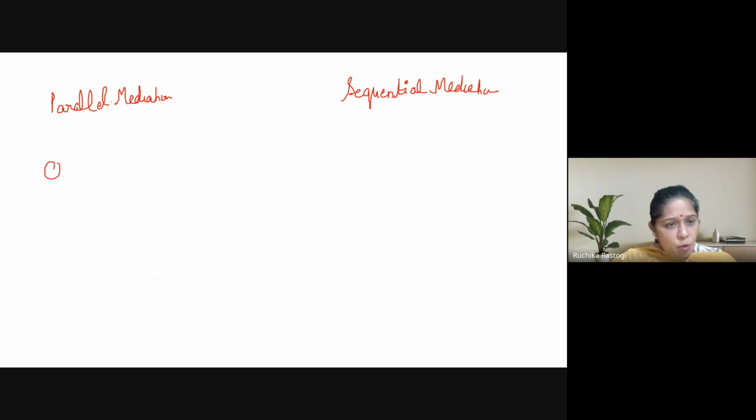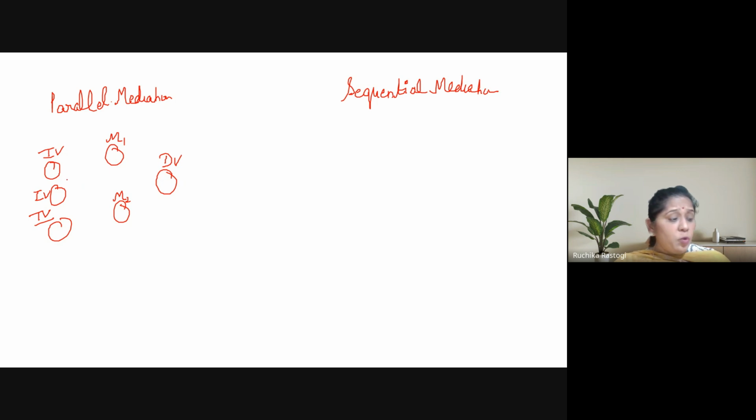For example, you are having three constructs, sorry. These are two mediators and this is the dependent variable. These are three independent variables. This is mediator 1 and this is mediator 2.